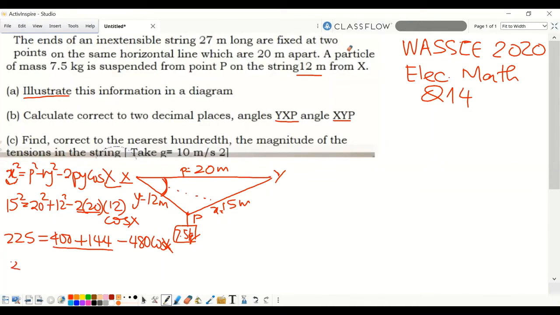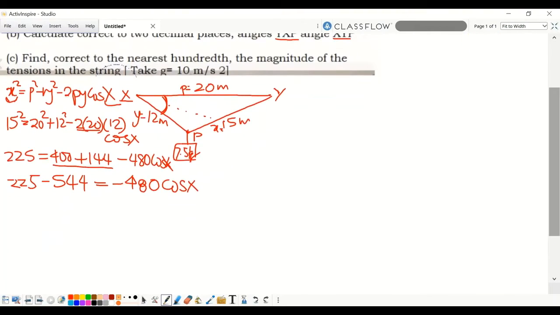It comes to the left side. 225 minus 544 equals minus 480 cos X. Now the difference between these two will be minus 319 equals minus 480 cos X. So cos X equals minus 319 over minus 480.